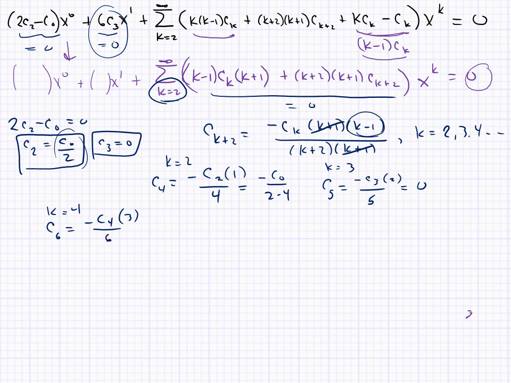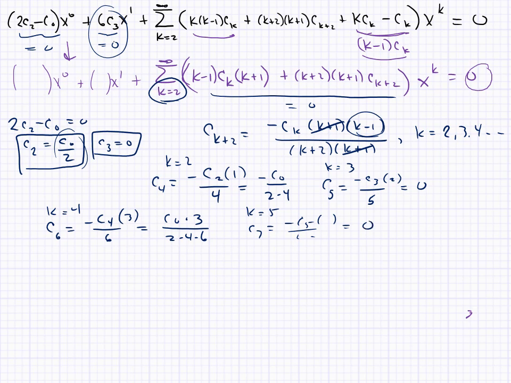So 6. But c sub 4 was negative c sub 0, so this will be positive c sub 0 times 3 over 2 times 4 times 6. And you see the next one, k equals 5, is going to give me c sub 7 to be negative c sub 5 times something over something, but c sub 5 is 0, so that's 0.